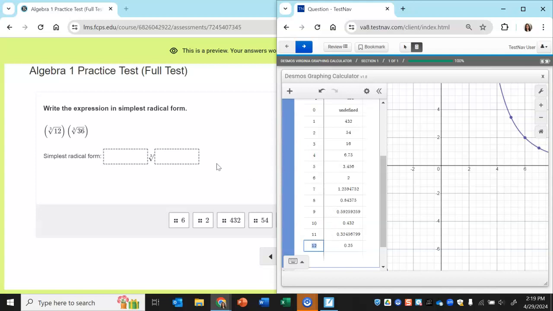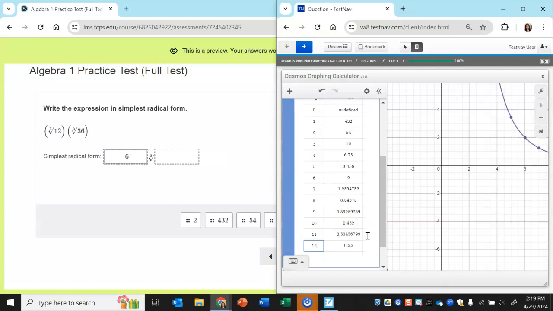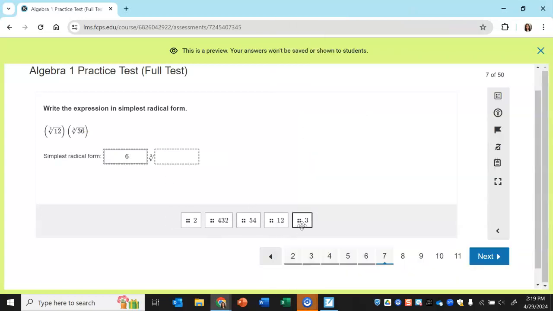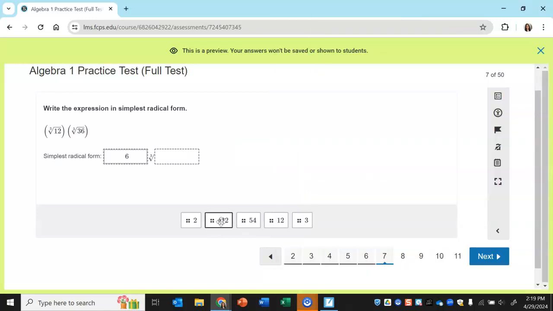The number on the outside is 6, and the number on the inside is 2. Wait, what? It's not there? Oh, it's right there. Phew. There you go, and that's how you would answer that question. So this is in simplest radical form. I cannot simplify the 2 anymore.